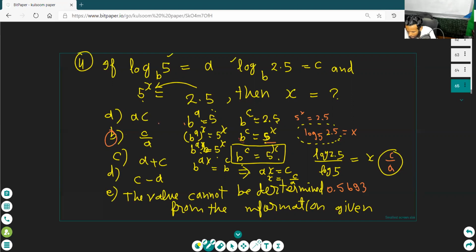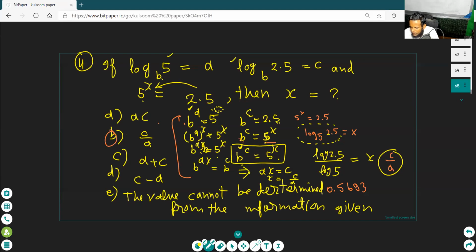Wait, can you repeat this part? Okay, see here. First of all, we take the exponential of this: b raised to power A is equal to 5. We take the exponential: b to the power C is equal to 2.5. But 2.5 is also 5 raised to power x. We want to take this and this equal, so for this purpose we take power x on both sides.